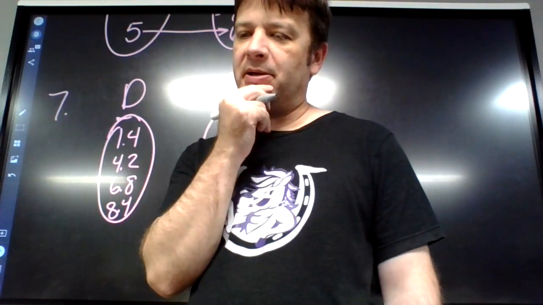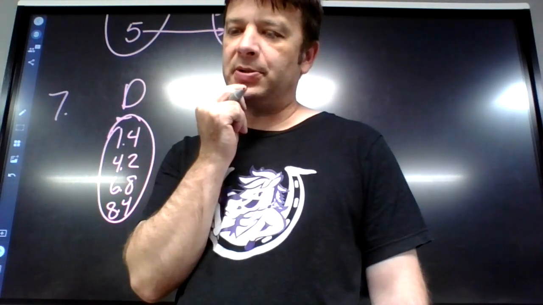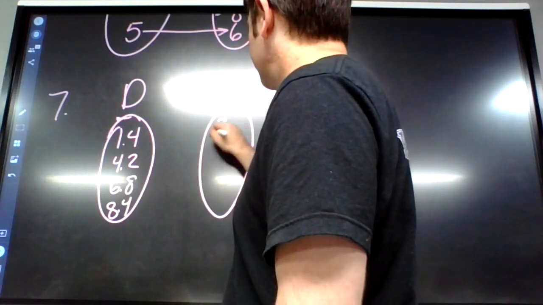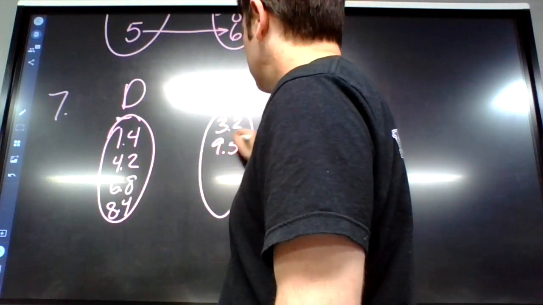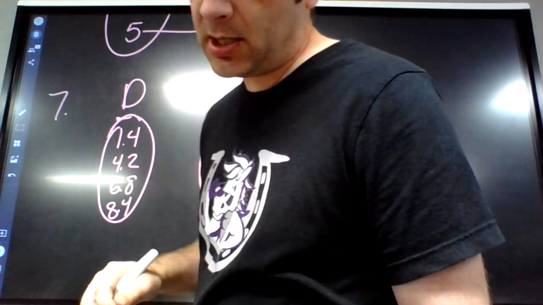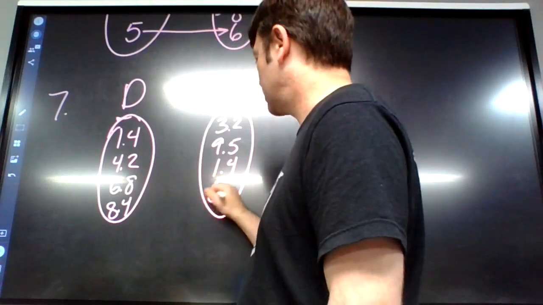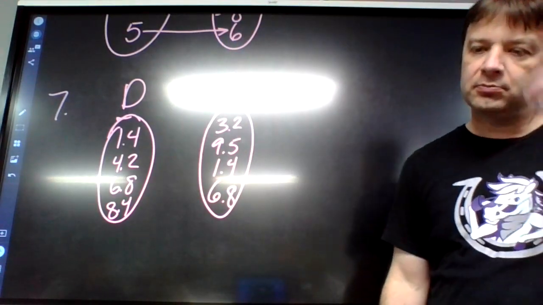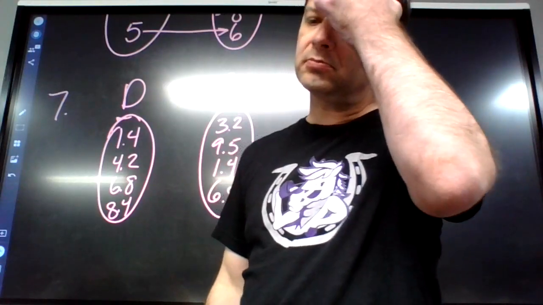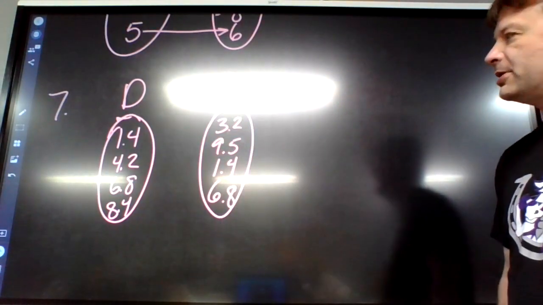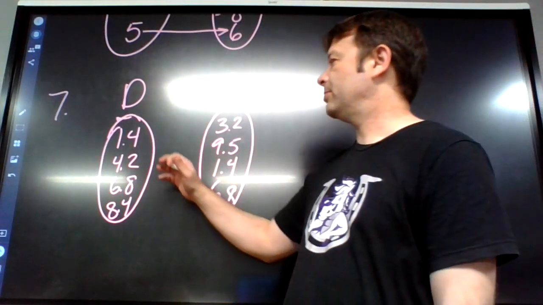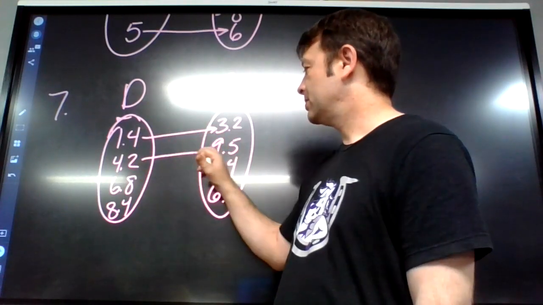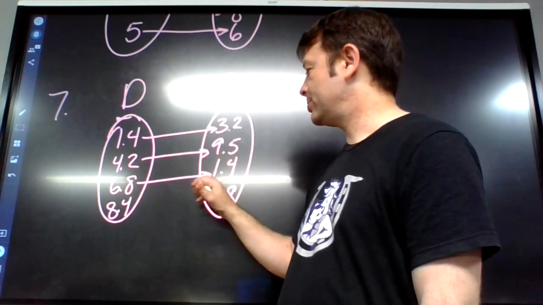Okay, and then what's the range? 3.2, 1.5, 1.4, and 6. All right, so the way that I wrote them is in order, so the top one goes with the top one.